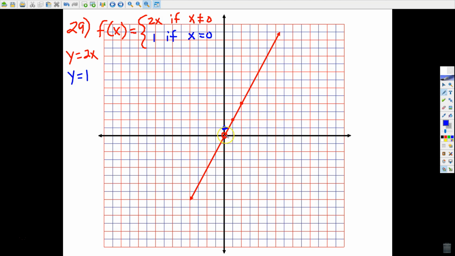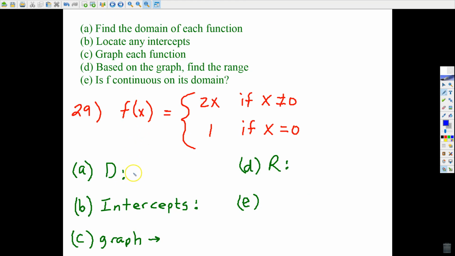So the red involves every single number on the x-axis except for 0. But the blue covers 0. It's almost like we could take this blue dot and bring it down and we would fill in this red hole. So what the red line lacked, the blue covers. And so together the domain would be represented as all real numbers.